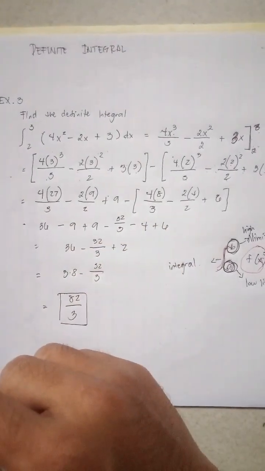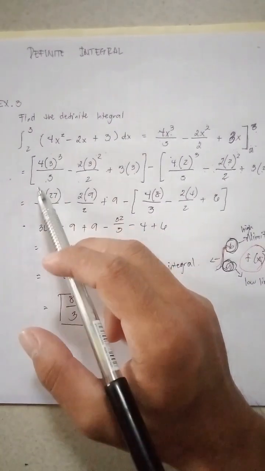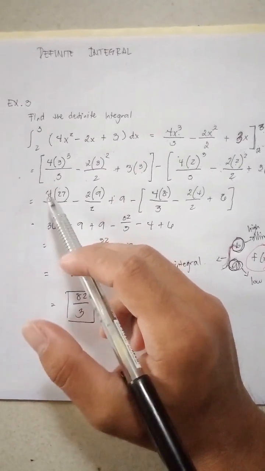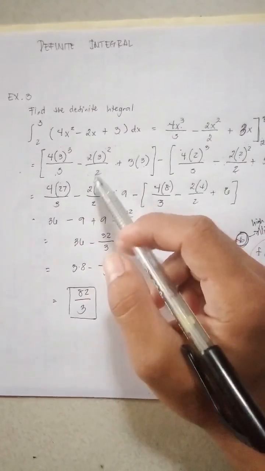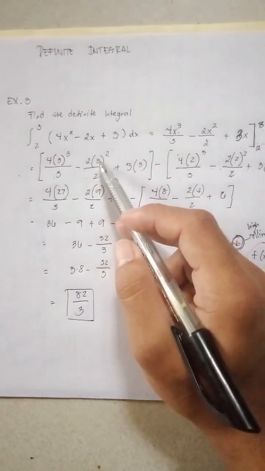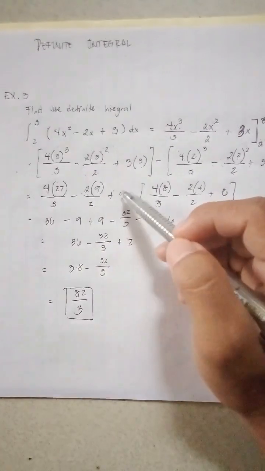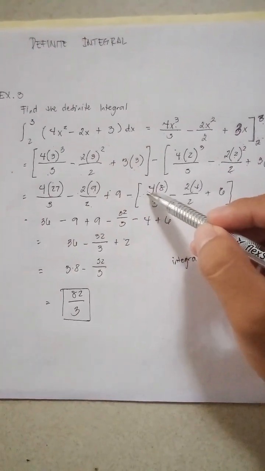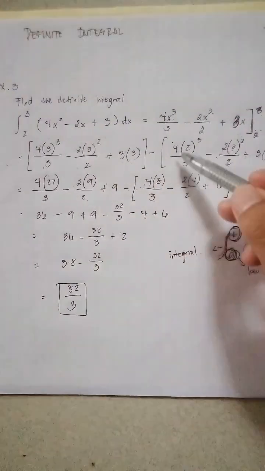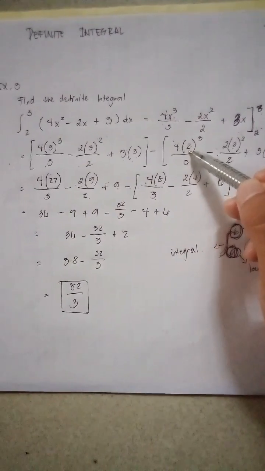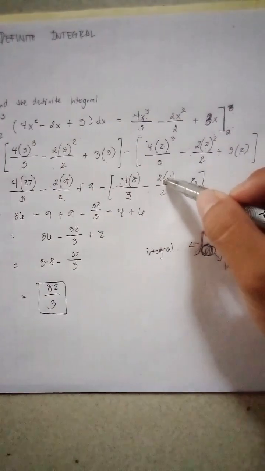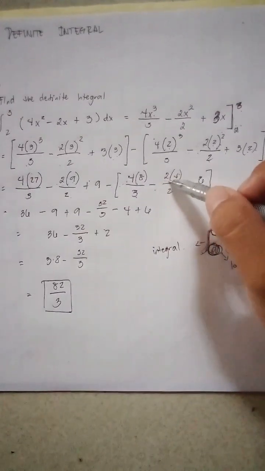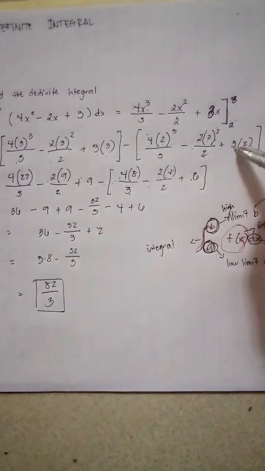And we have here 3 cubed equals 27. 4 times 27 over 3, minus 3 squared equals 9, 2 times 9 over 2, plus 9 from 3 times 3, minus 4 times 8 over 3 from 2 cubed, minus 2 squared equals 4, which means 2 times 4 over 2, and plus 6 from 3 times 2.